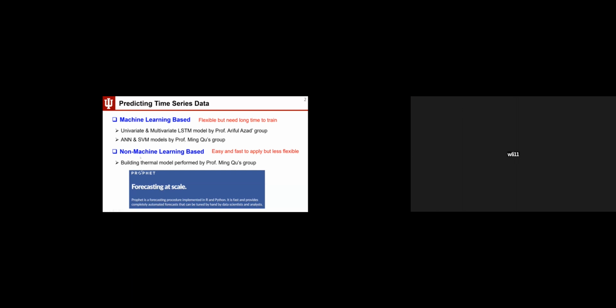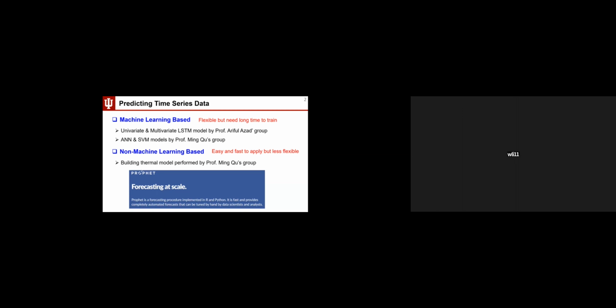And there are also non-machine learning based methods. We also heard in our previous seminar from Professor Minchu's group, who performed the building thermal model. This kind of method is easy and fast to apply, but less flexible.